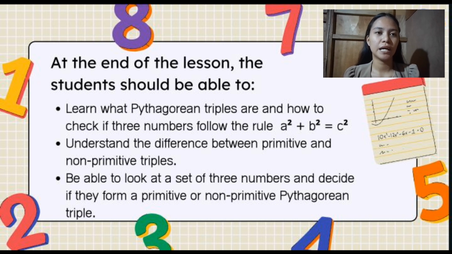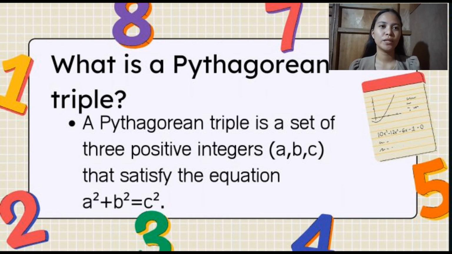Second, understand the difference between primitive and non-primitive Pythagorean triples. Last, be able to look at a set of three numbers and decide if they form a primitive or non-primitive Pythagorean triple.